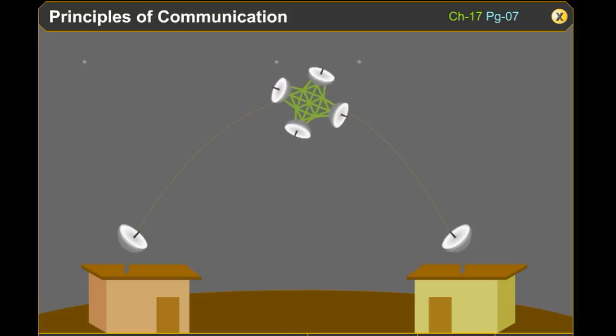Hence, they can cross the ionosphere of the Earth and reach the satellite, which is situated beyond the ionosphere. The signal received by the receiver is generally weak. It is amplified by the receiver and then it is televised.